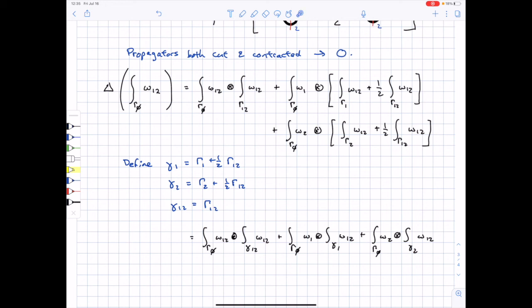So this now is really the structure of the coaction, and in fact general coactions on integrals.